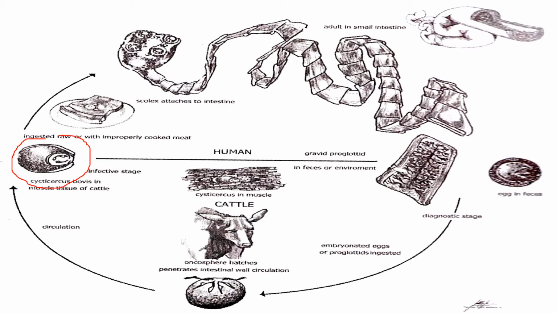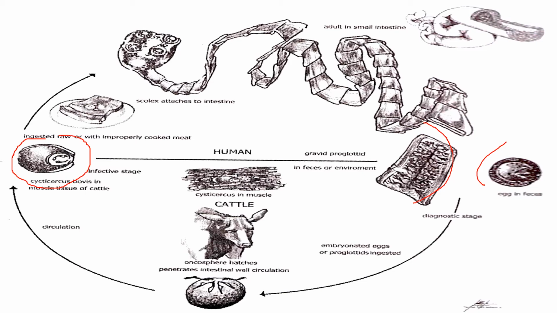Okay, so let's start with the life cycle from eggs or gravid proglottids present in feces or passed out in the feces to the external environment. So here we have eggs and we have your gravid proglottids which are motile.